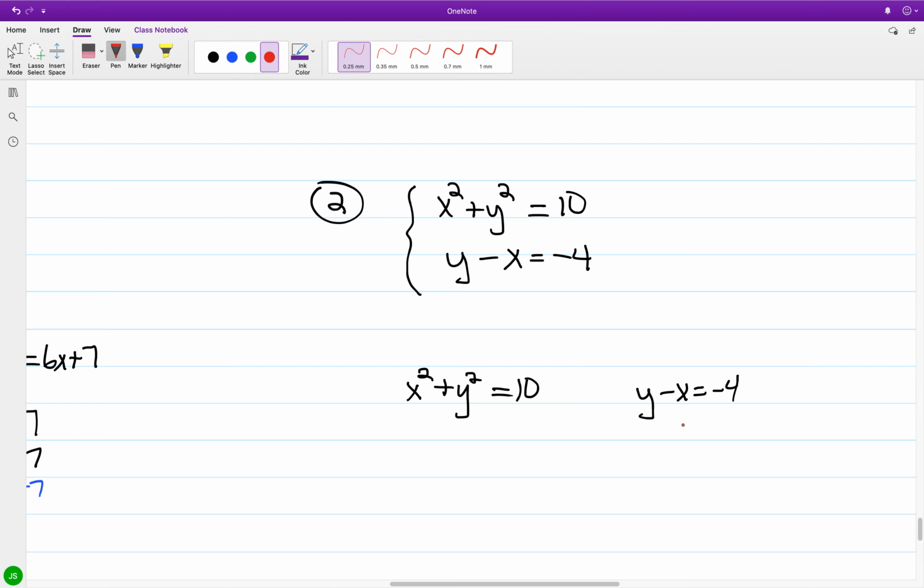If I add the x term, rewriting the second equation, I can say y is equal to x plus 4. Upon doing so, I can now substitute for y and solve for x.